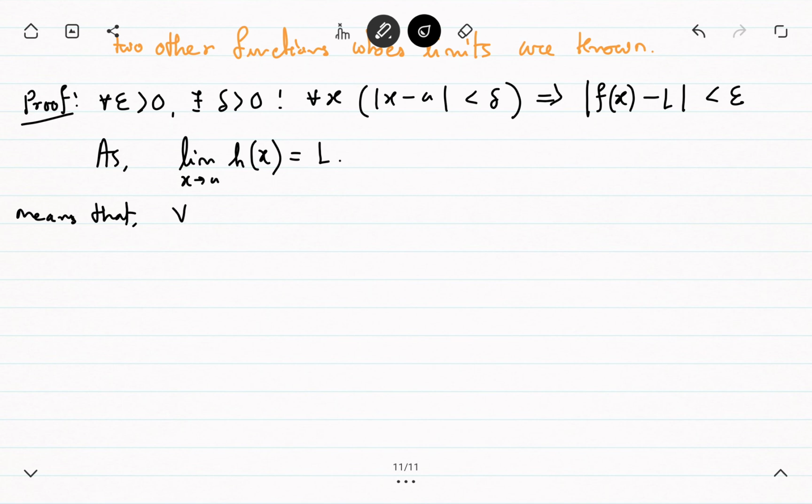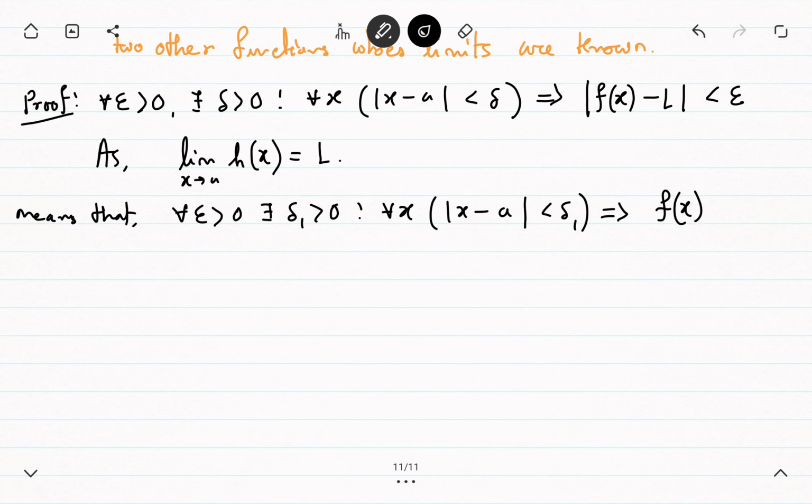So as it is defined, we can claim that for all epsilon greater than 0 there exists delta 1 greater than 0, such that for all x with modulus of x minus a less than delta 1, which implies that g of x minus L is lesser than epsilon.